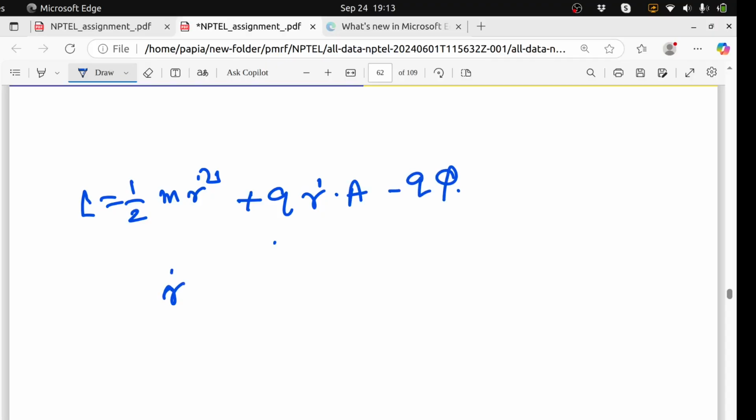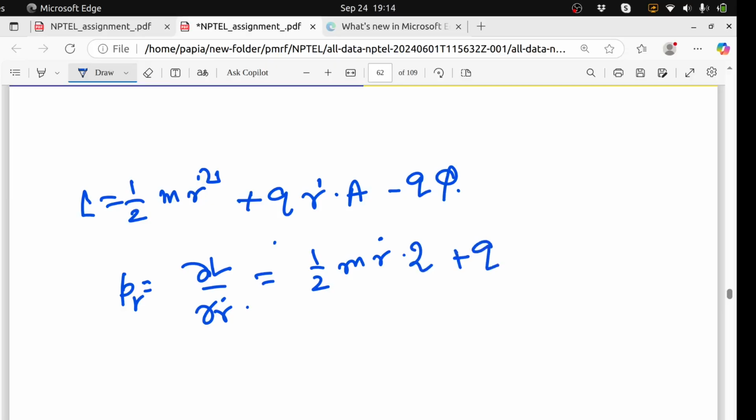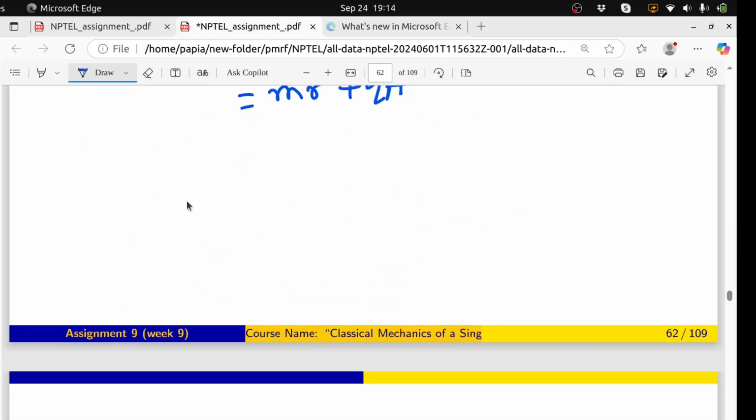So p_r is del L del r dot, so this will be m r dot plus q A. So this is the p_r.